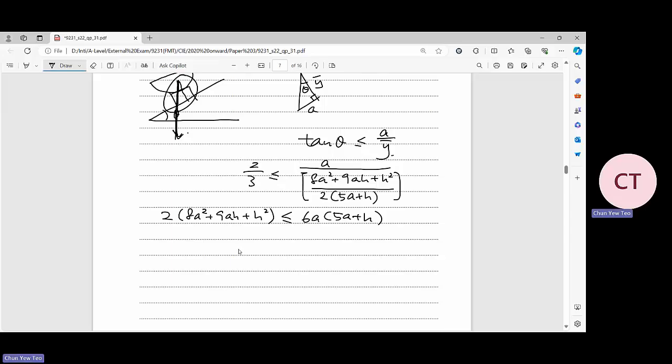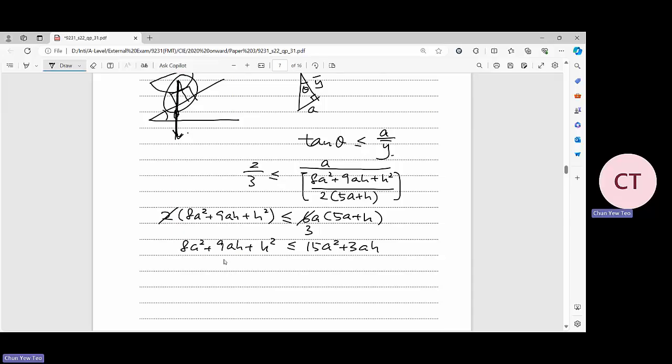Okay, so if you expand and simplify, this one you can cancel the 2. So you will have this one as 15a squared plus 3ah. This one you will get 8a squared plus 9ah plus h squared.